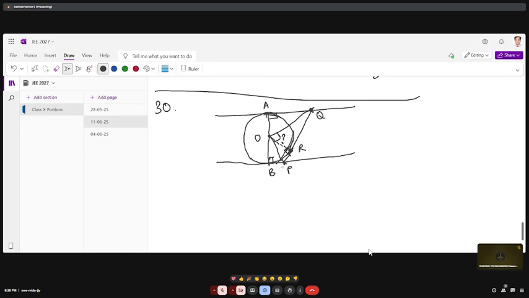These two triangles are congruent because you need to prove that based on either all the three sides or two sides and the angle in between. So to bring it to one of the conditions. But here, since it is a right angle triangle and the hypotenuse is common, and this OB is common radius, OB equal to OR. So what you should do is BP equal to square root of OP square minus OB square, right?